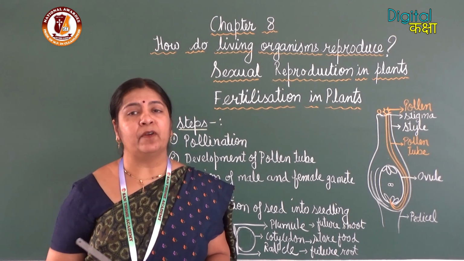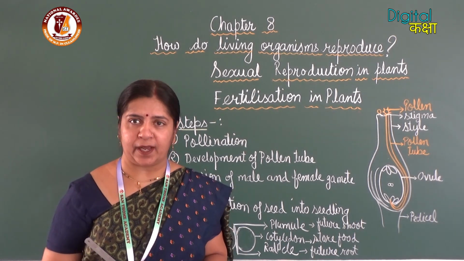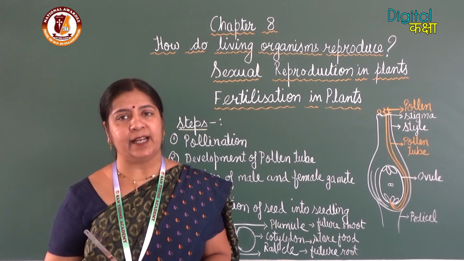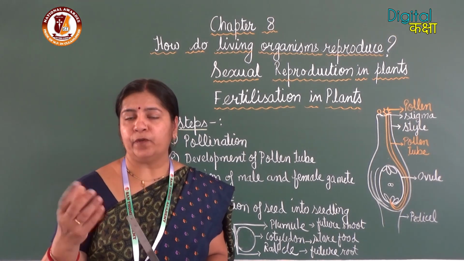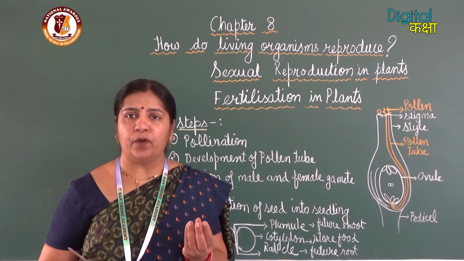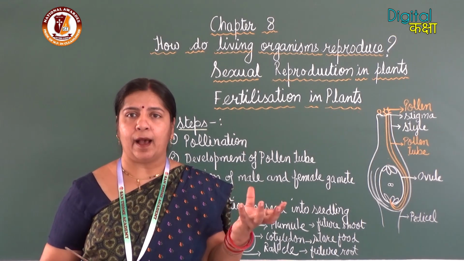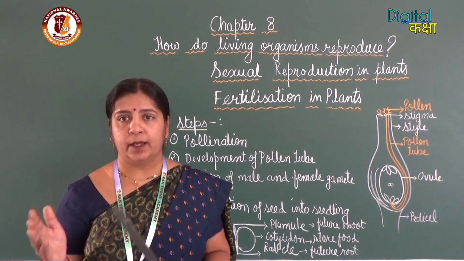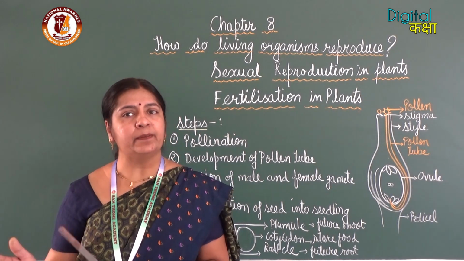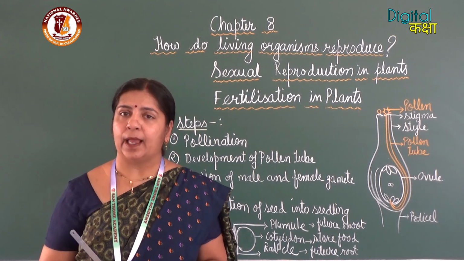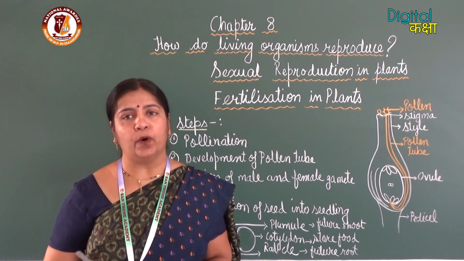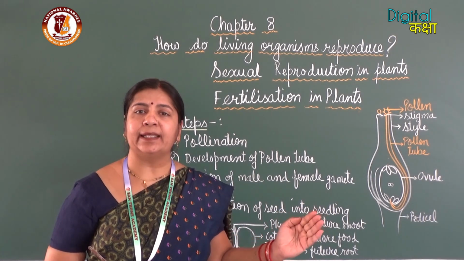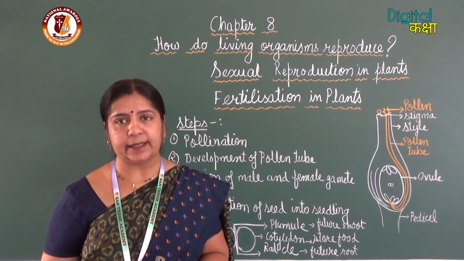After some time, when all the remaining parts of the flower dry up and fall off and only the ovary is left with the fertilized ovule, then this ovary will start swelling up and it will develop into fruit. So the ovary develops into fruit and the fertilized ovule will develop into embryo and then it will develop into seed.